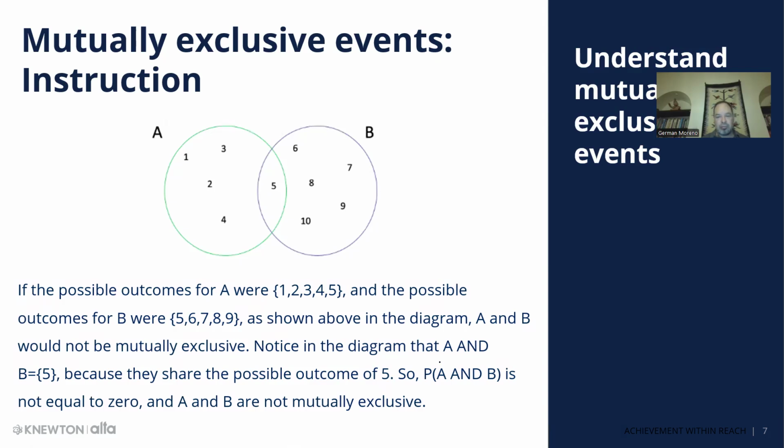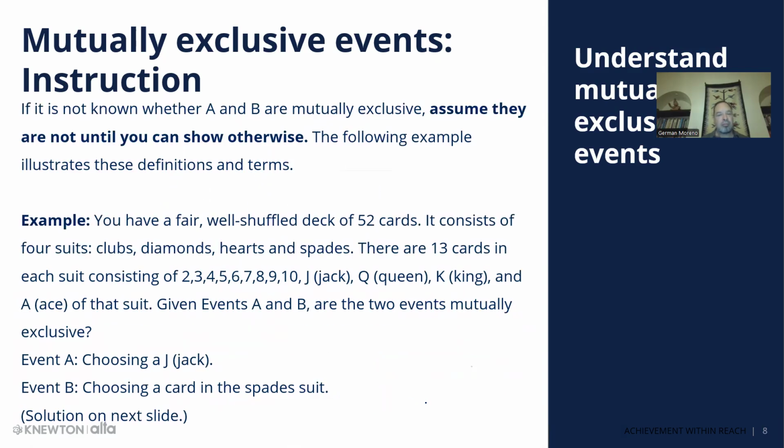So the probability of A and B is not zero. That's how you know that they're not mutually exclusive. So that could be used as a test to determine whether or not things are mutually exclusive.